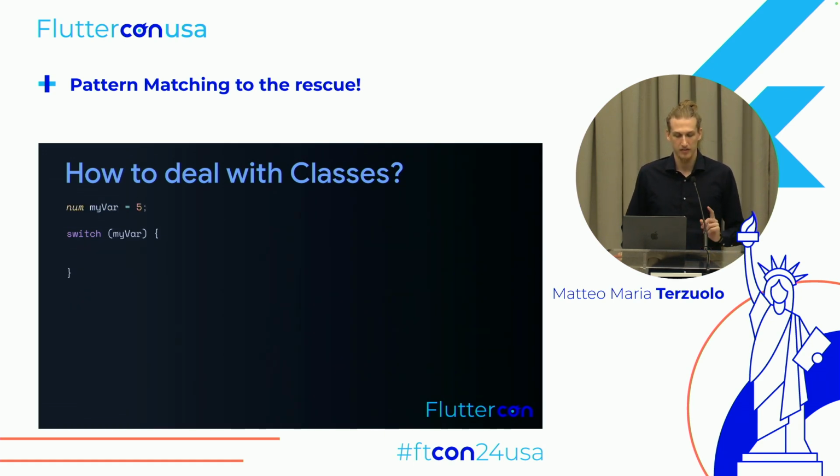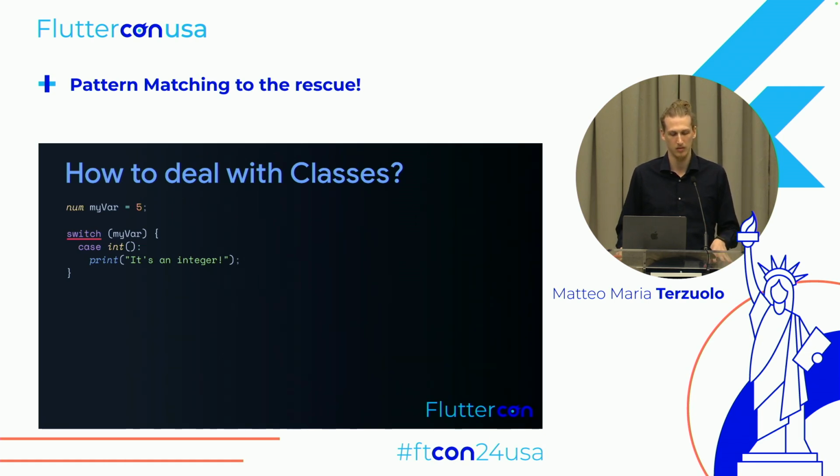One other thing is that, for example, if we have a num, we all know that nums can be both int or double, and we can also check for entire classes in our switch. So we can switch on the fact that it's an int and do something in particular. But if we just write that, we are going to get an error.